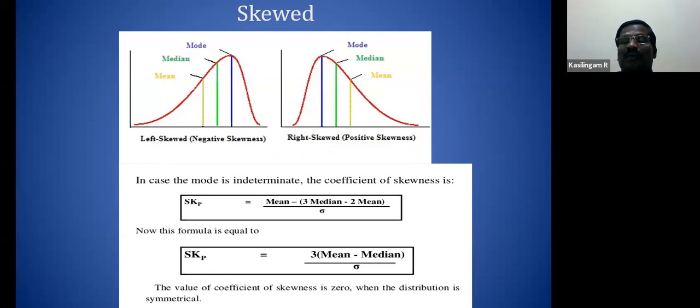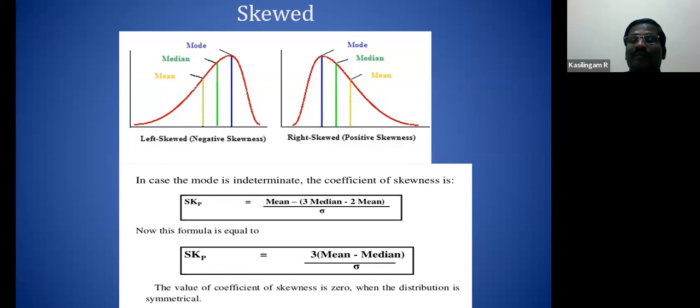Why it is called positive: if you look at the skewness formula, for the sake of simplicity, take mean minus median. If it is normally distributed, all are the same, so mean minus median is equal to 0, which means normal.